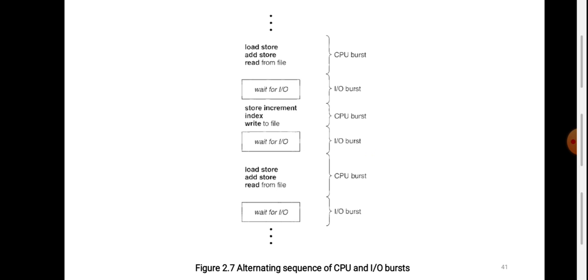That time is an input output burst. After that, the process again wants to use the CPU, which is a CPU burst. So the time taken by the process to use the CPU is a CPU burst, and the time taken by the process to wait for and use input output devices is an input output burst.